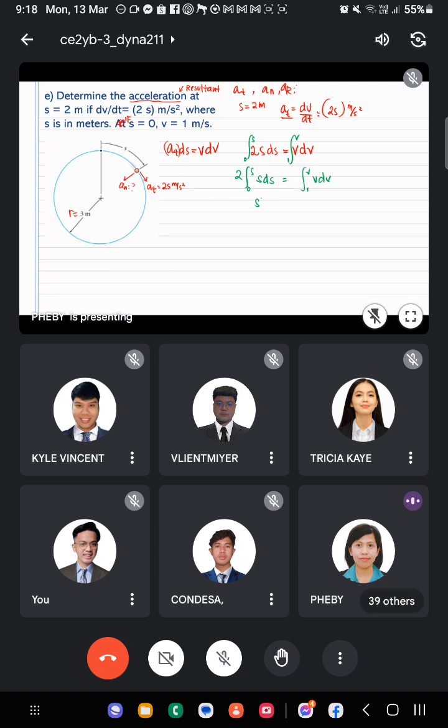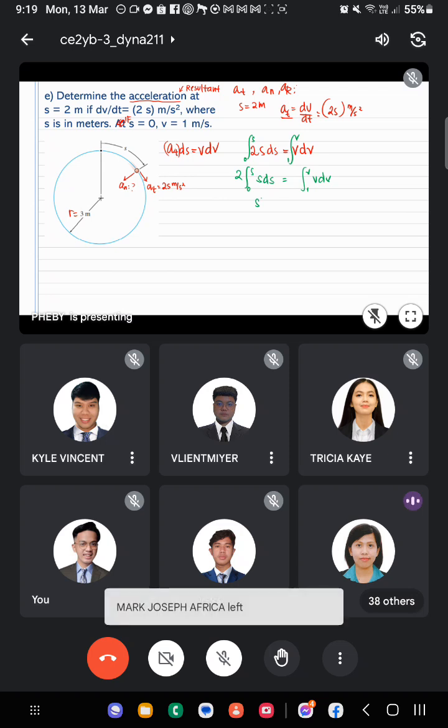And sa kabila, ganun din. If we integrate yung v dv, this is v squared over 2, and yung kanyang limit is v and 1. Sa integration class, diba, yung kanyang limit, susubtract natin.